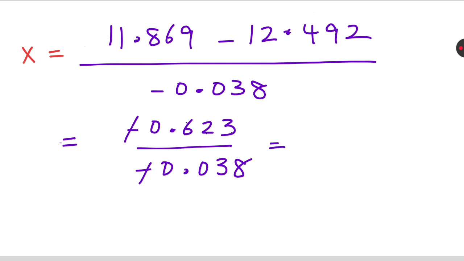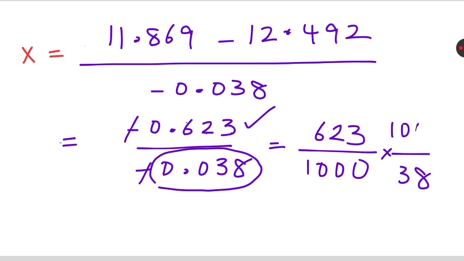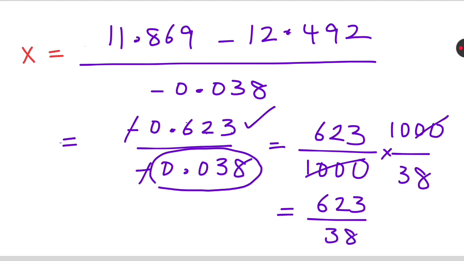The numerator we can write as 623 divided by 1000, which is the same as 0.623. Similarly 0.038 we can write as 38 divided by 1000. After these cancel, we are left with 623 divided by 38. After doing this division we get 16.39 something, which is nearly equal to 16.4. So this is the x value.